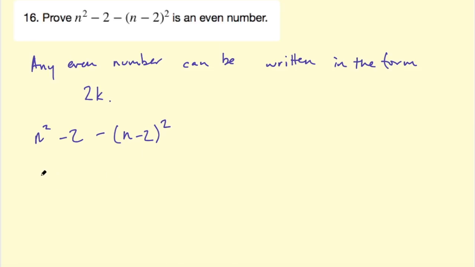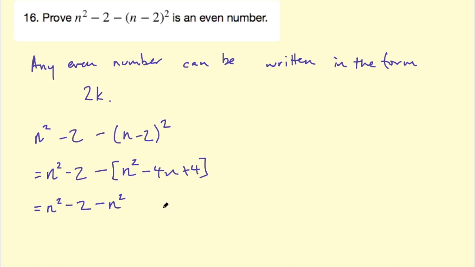So n squared minus 2 minus n minus 2 squared. That's going to be n squared minus 2 minus, let's expand those brackets out, n squared minus 4n plus 4. And then that's going to be n squared minus 2 minus, now that minus has to be expanded throughout all of those terms, so that's going to be a minus n squared plus a 4n minus a 4.